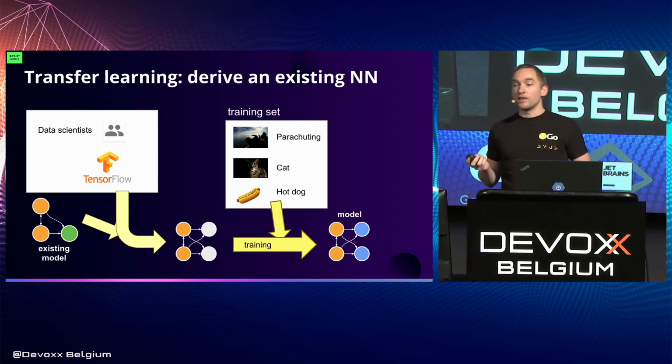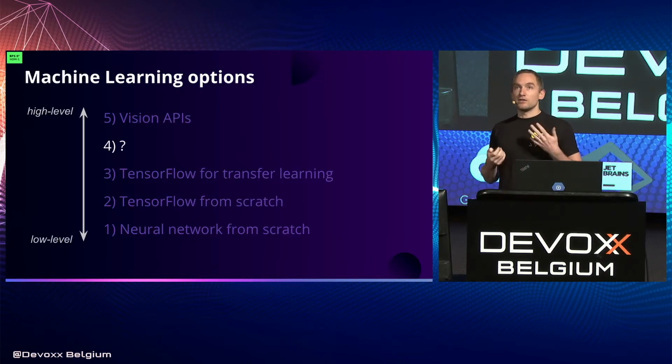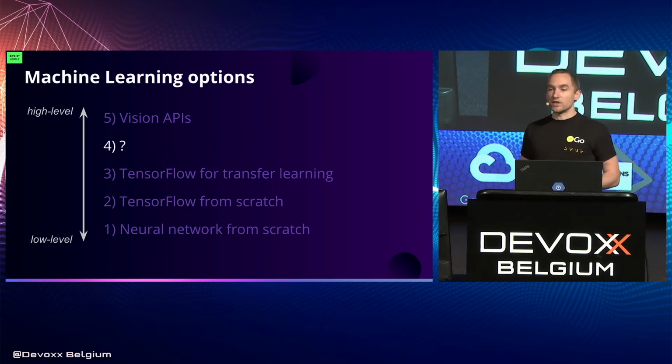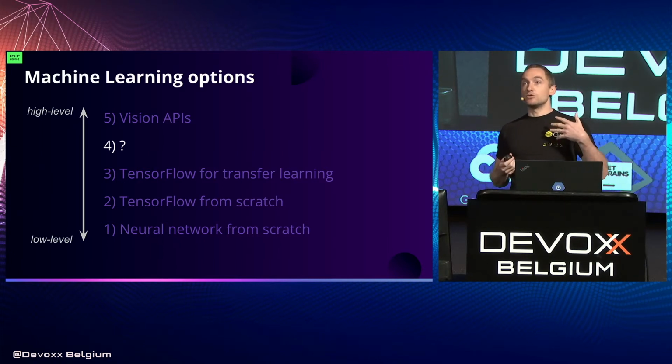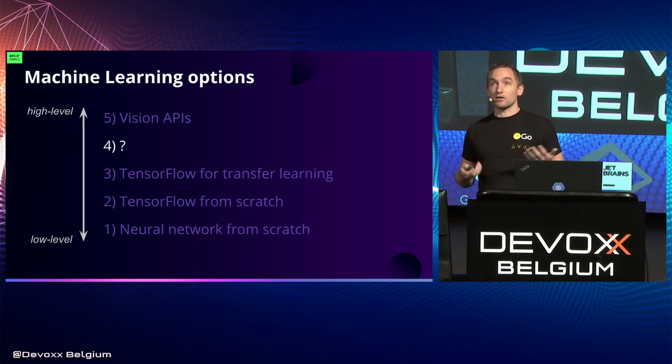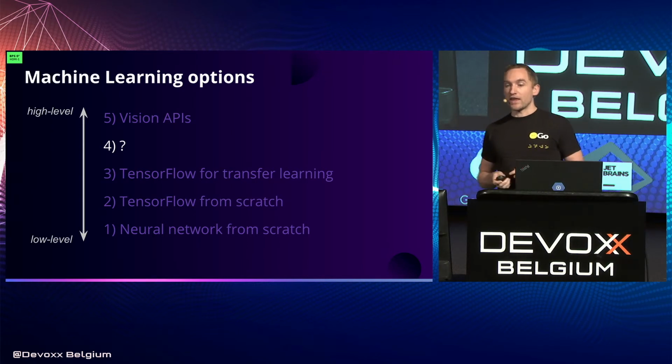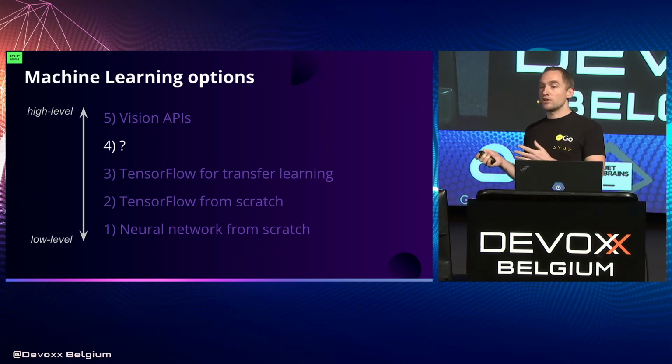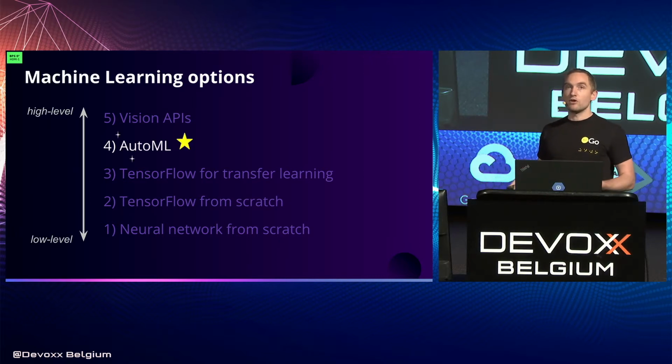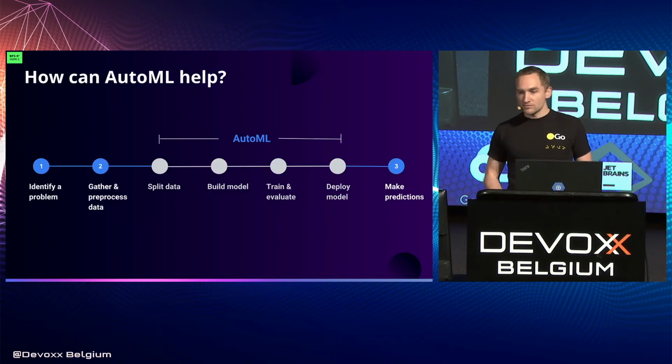Now the question is, does something exist in between that is as easy to use as Vision APIs, an existing model, and as powerful as a custom model built with, for example, TensorFlow? And this is where AutoML comes into play.